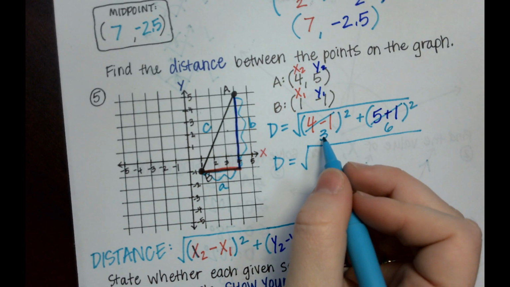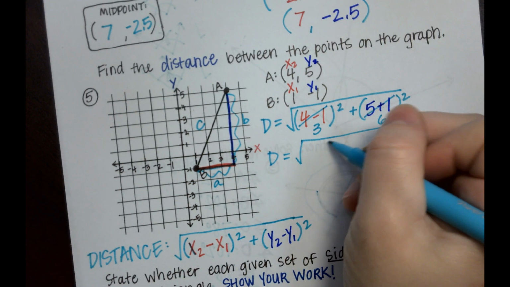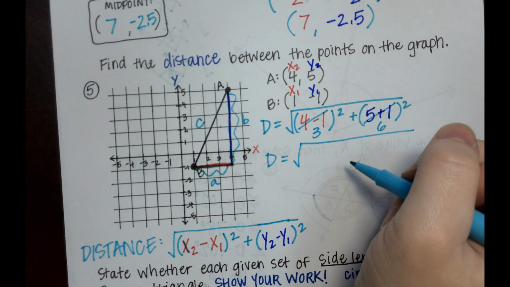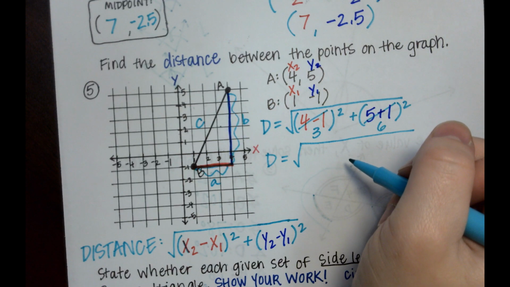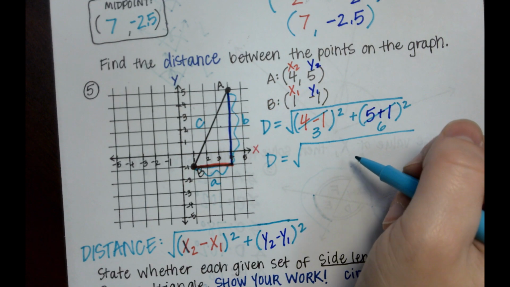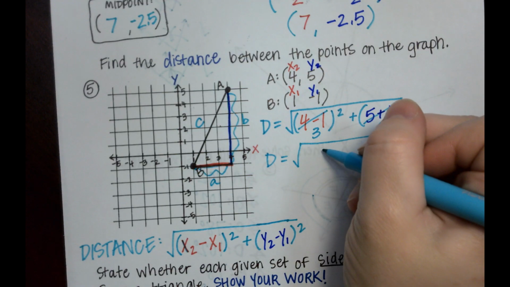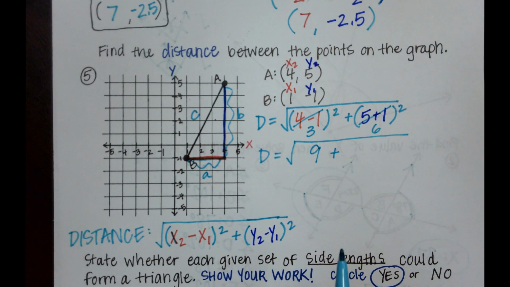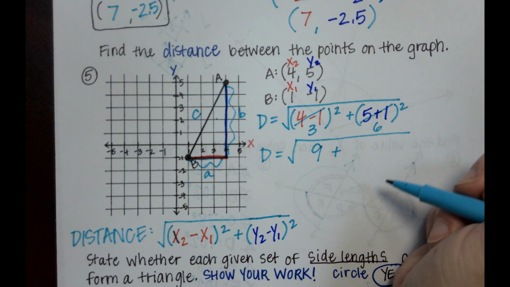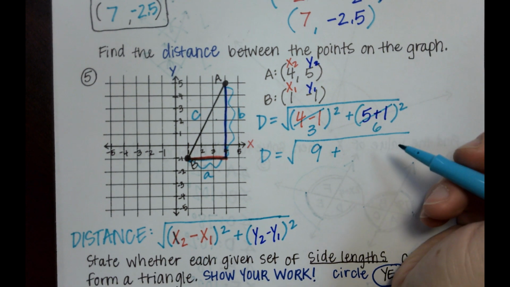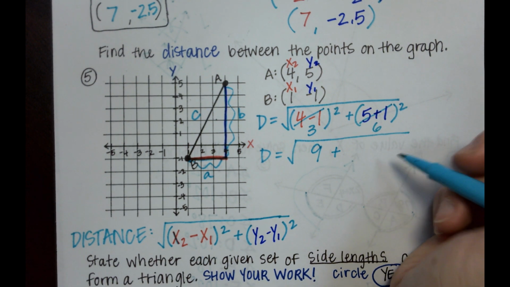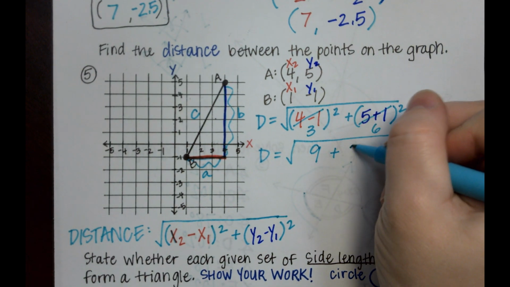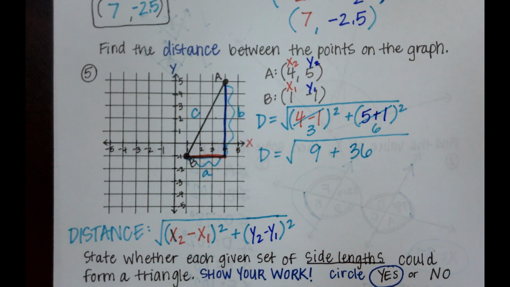Okay, and what's 3 squared? Yes, 3 times 3 is 9. Plus, now we need 6 squared, or 6 times 6. Just 6 squared in the calculator. 36. Perfect.